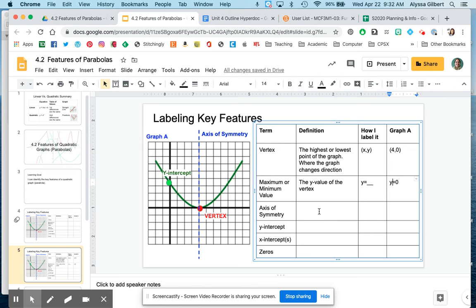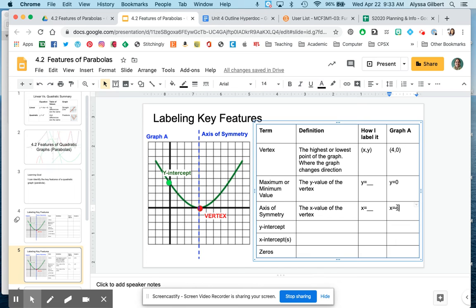Okay. Axis of symmetry. This is the x value of the vertex. And I know this is quite new for a lot of you, so it'll take some practice to get used to these terms. But that's okay. This is what happens every time we learn something new, right?